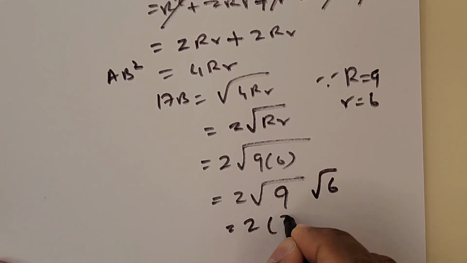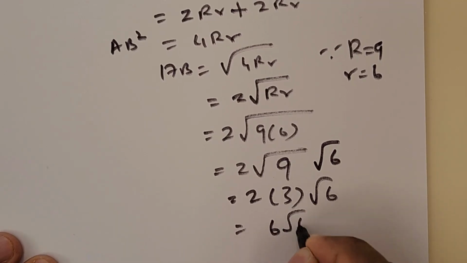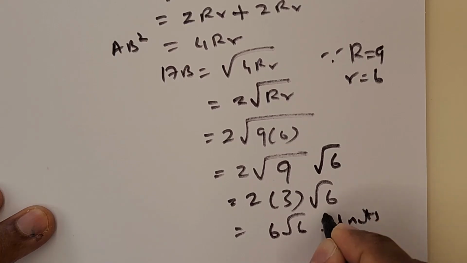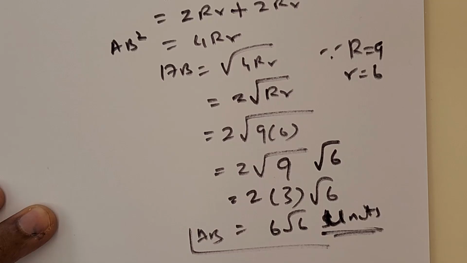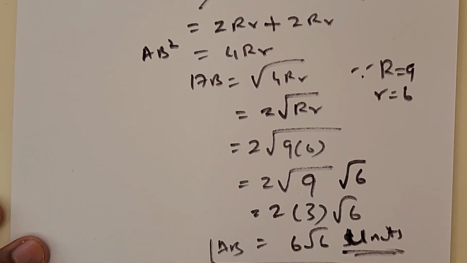Root of 9 will give me 3 units, and this is root 6. So 2 times 3 is 6 root 6 units. Okay, it's just units. So this is my AB. Okay, so that is the conclusion of this lovely question. Thank you everybody.